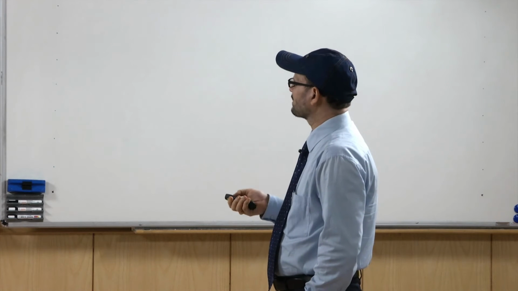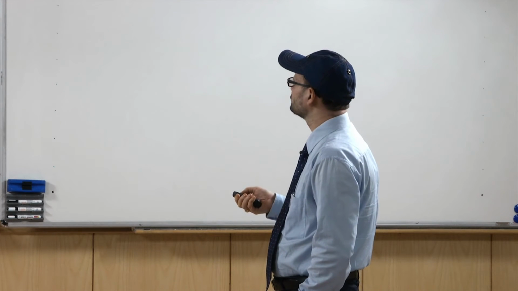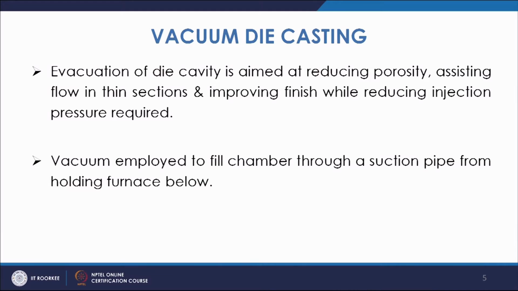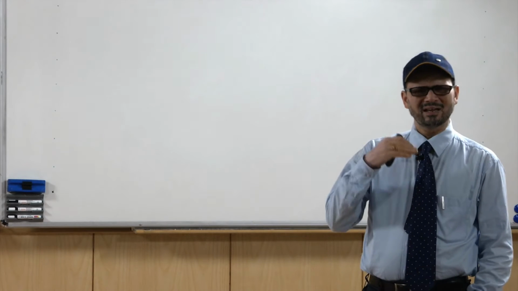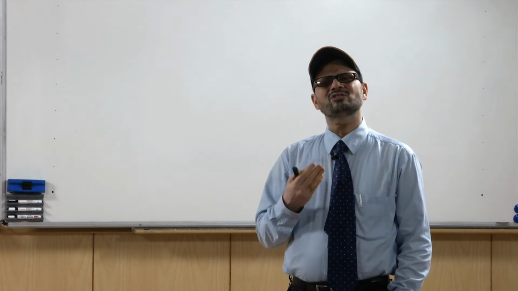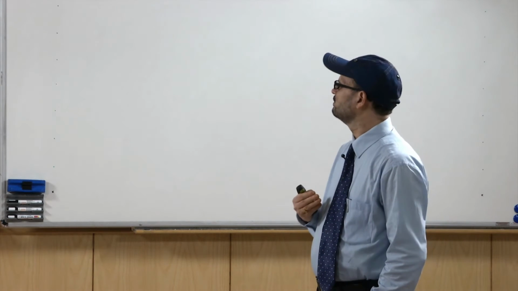Evacuation of the die cavity is aimed at reducing porosity, assisting flow in thin sections, and improving finish while reducing injection pressure required. Basically, as it goes under vacuum, there is no chance of any air or gases going into it, and that reduces the chance of any porosity which may be formed.